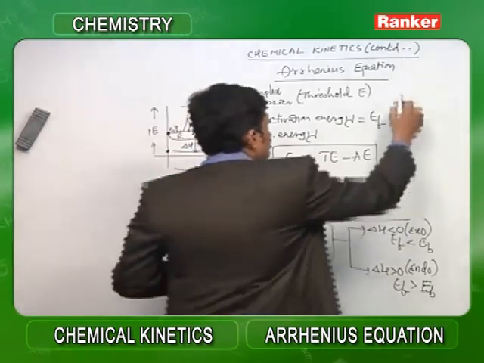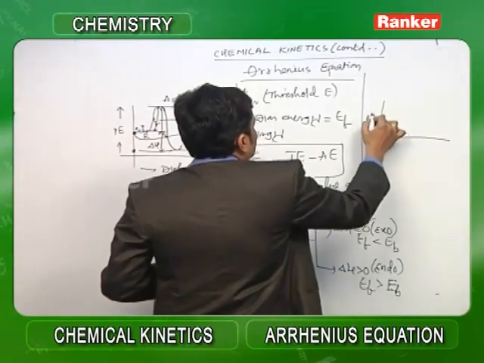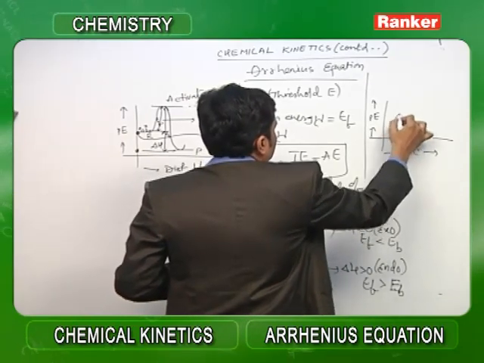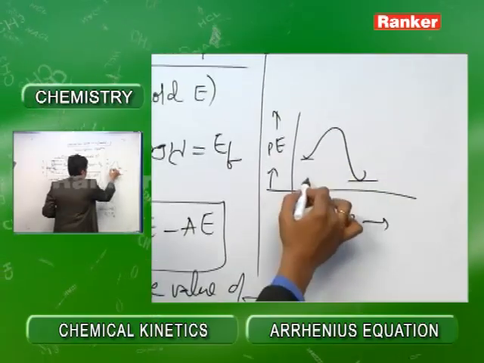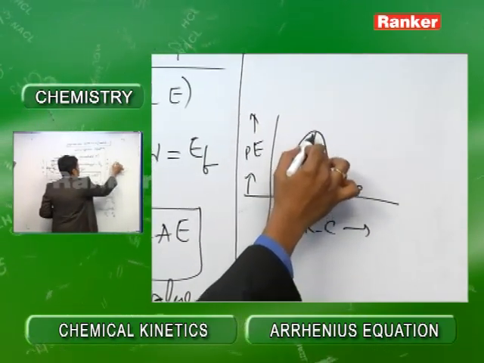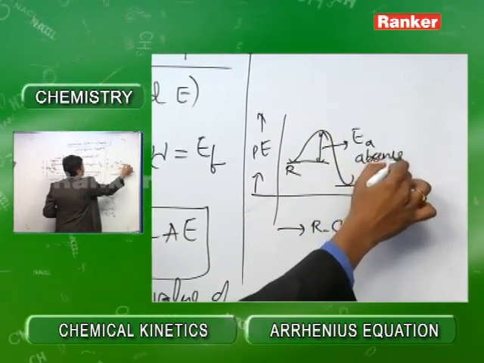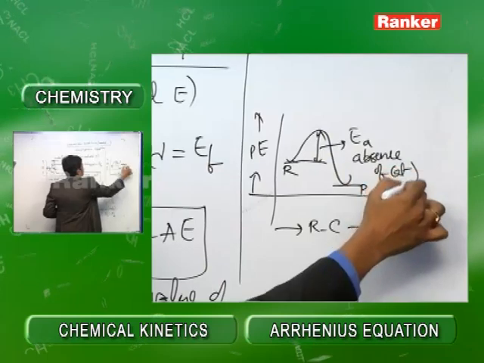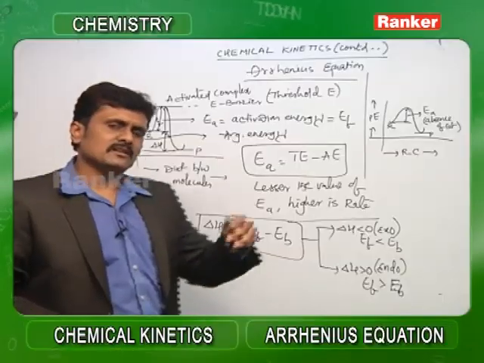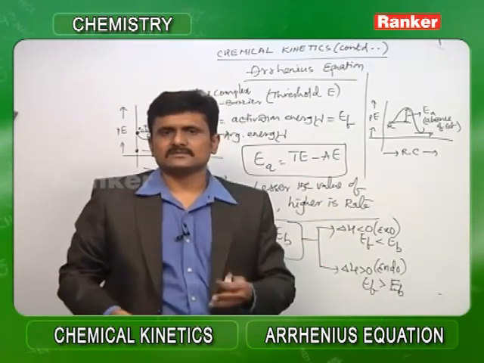See my dear students, if you are following a particular path wherein the activation energy say is EA, this is in the absence of catalyst. There is no catalyst at present in the reaction vessel. So when you are adding a catalyst, it could be a negative catalyst or a positive catalyst.